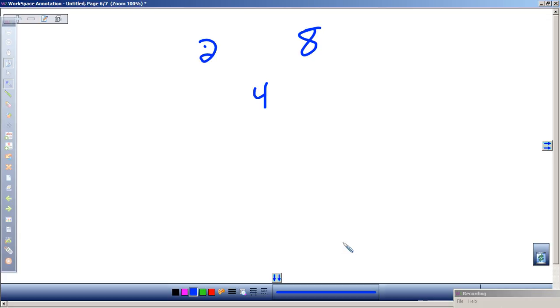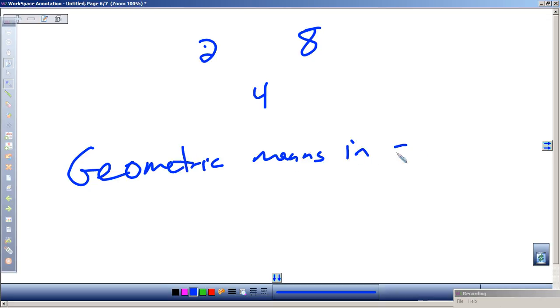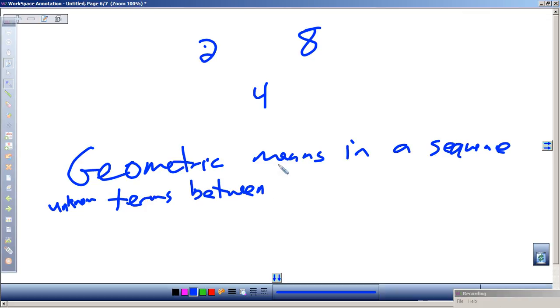So, now we're going to extend that idea of geometric mean. So, geometric means in a sequence are unknown terms between known terms of a geometric sequence.